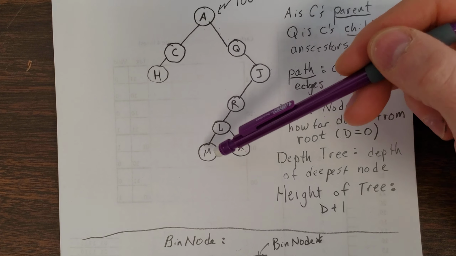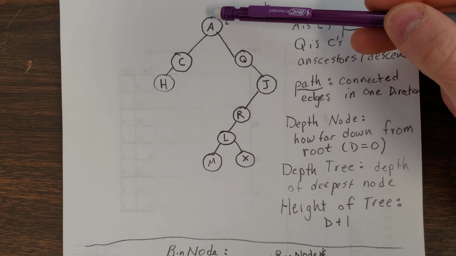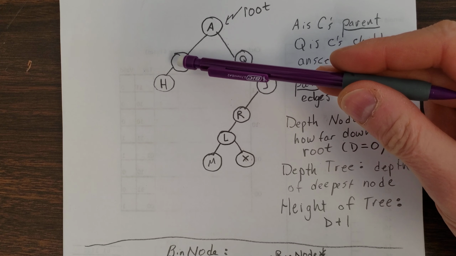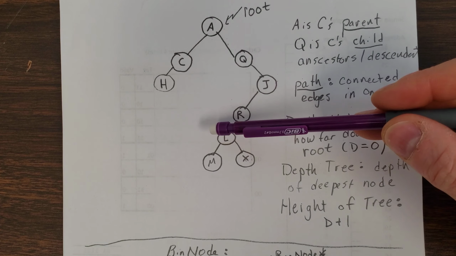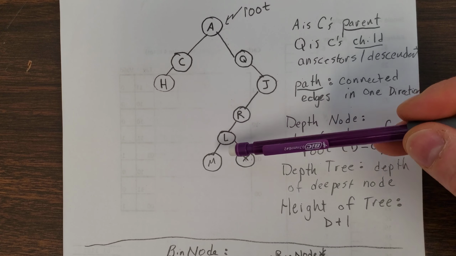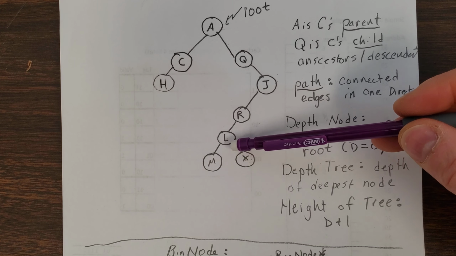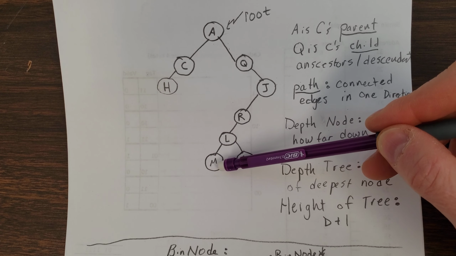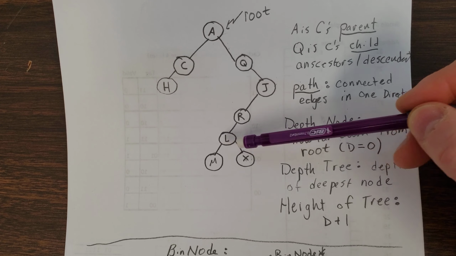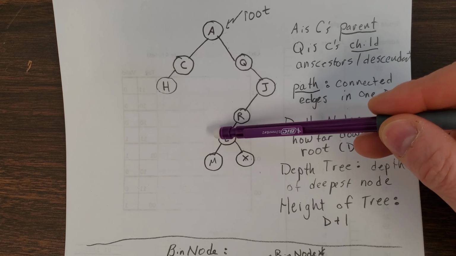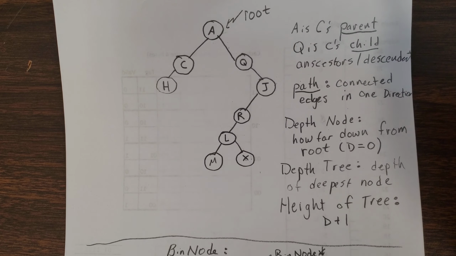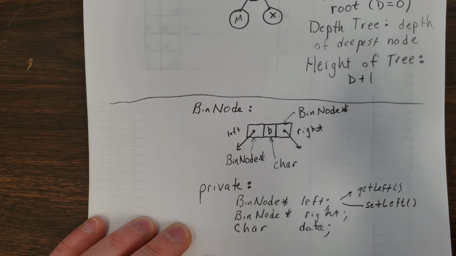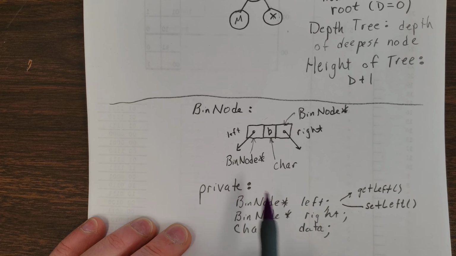So if you needed to make a manual tree like this, you could declare discrete bin node variables for each of these. Then you'd have to set the letters for each of these, and then you'd have to set the children. So you'd say on the L link, L set left M and L set right X, and then you have this portion of the tree. Now notice that any given bin node itself is actually a tree because it's going to be the start of a tree that goes down.